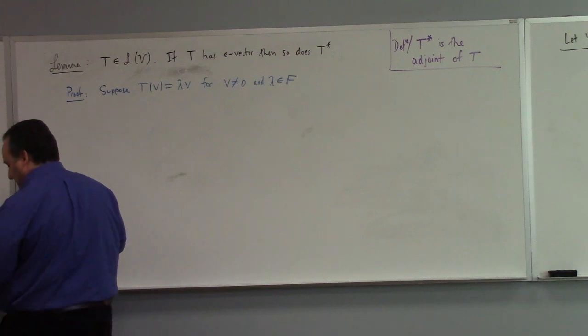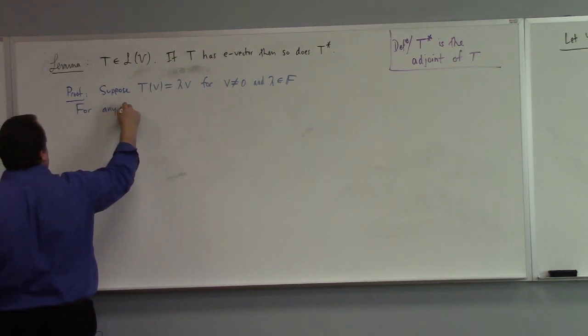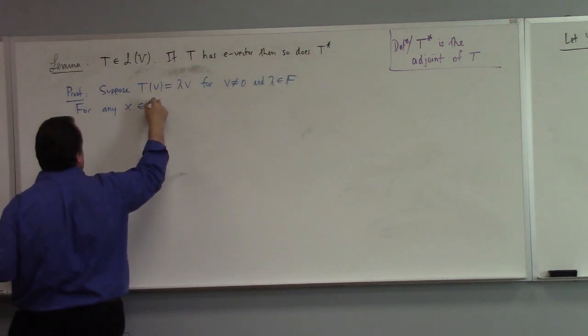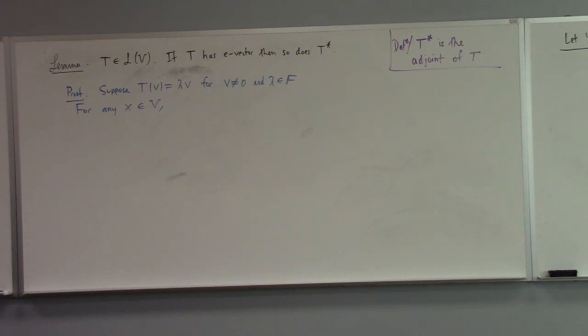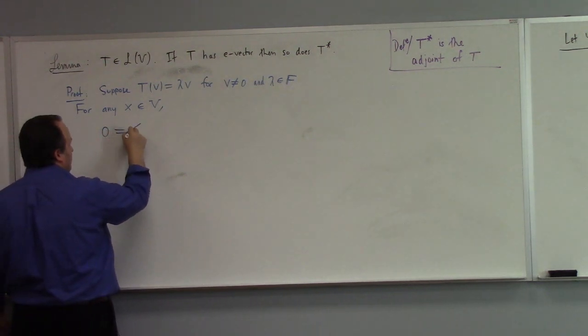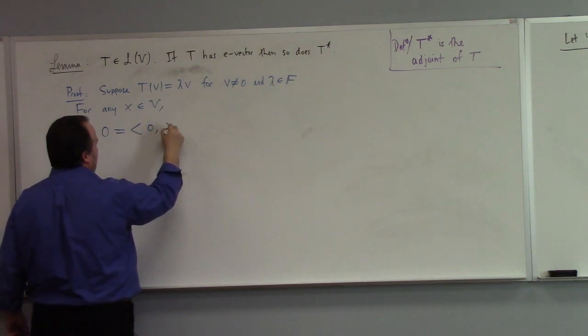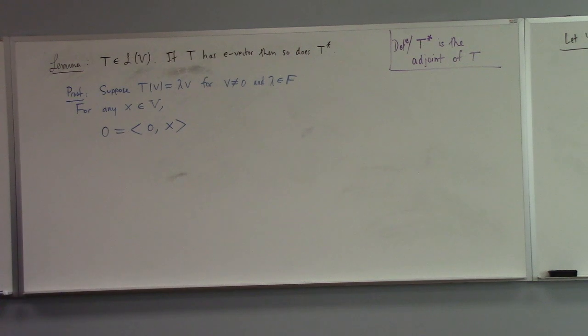And then check this out. For any x in V, 0 is equal to 0 with x. We agree? Right? You can't disagree with that.